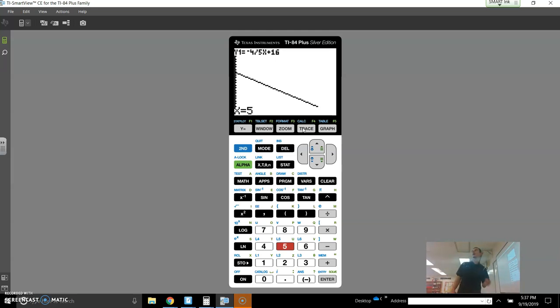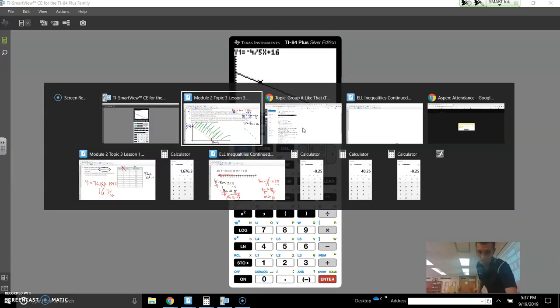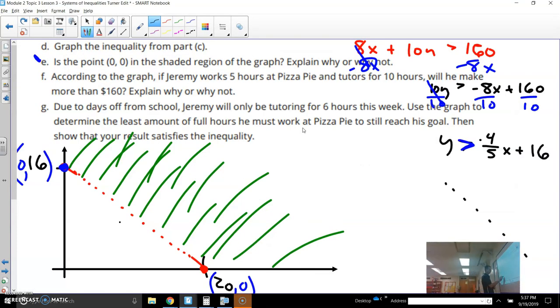It said I used 5 hours for the busing. So when I plug in 5, I get 12. So that means that the point (5, 10) had to have been below that line, and that would have been not in the shaded region. Okay, so this point right here would have been (5, 10), and I know that because (5, 12) would have been on the line.